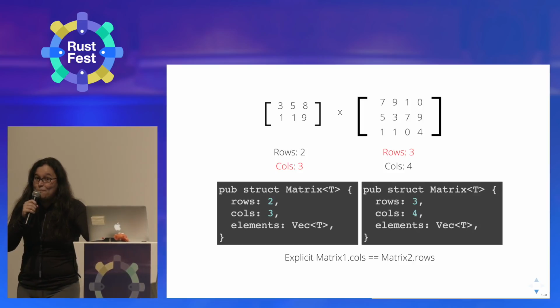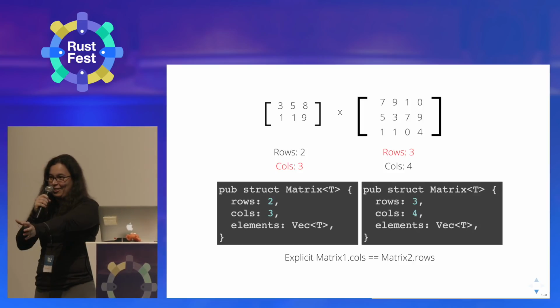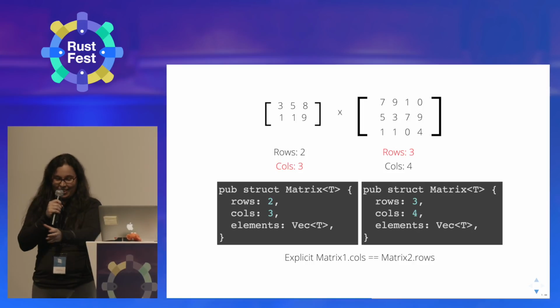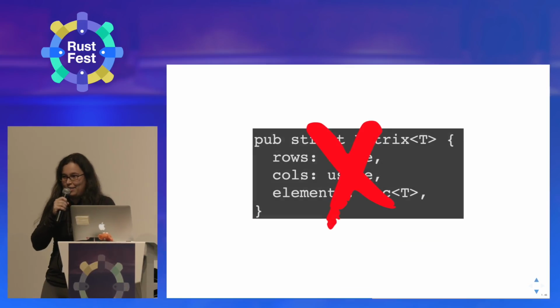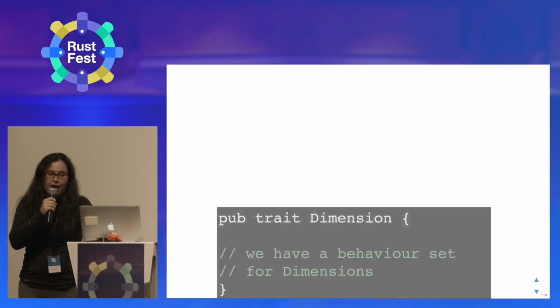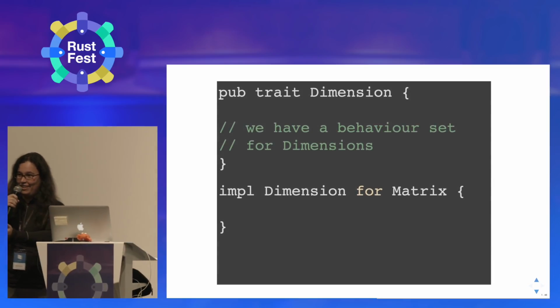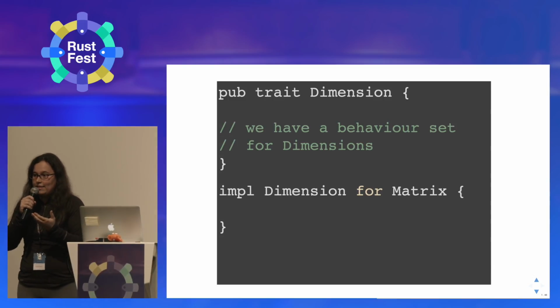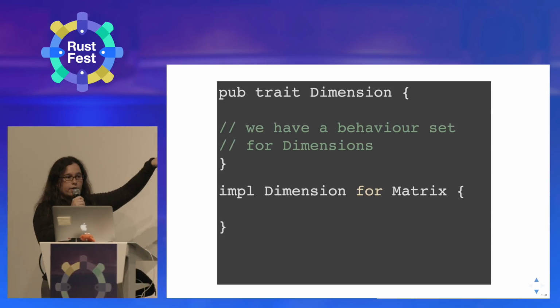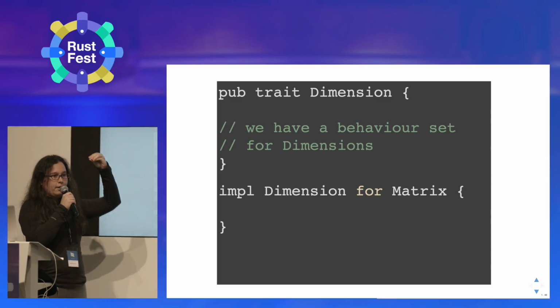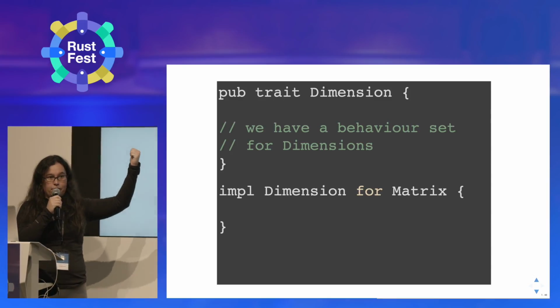We want to add some behavior into a structure based on its dimension. So this is a bad representation. Don't do that. Instead, create a trait called dimension. That makes a lot of sense because you can add all the behavior based on the dimension of a matrix inside this code.